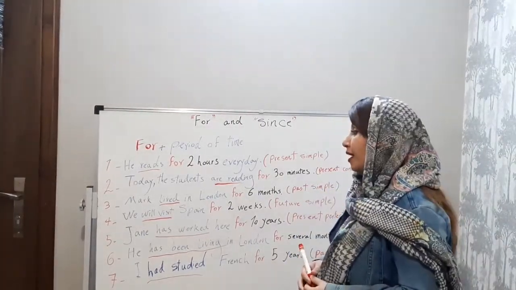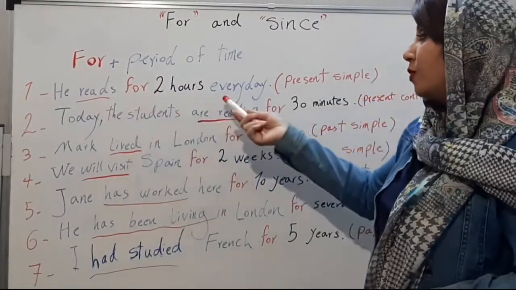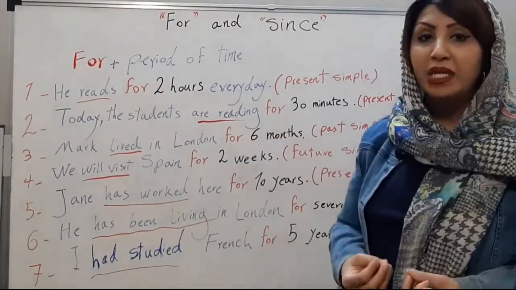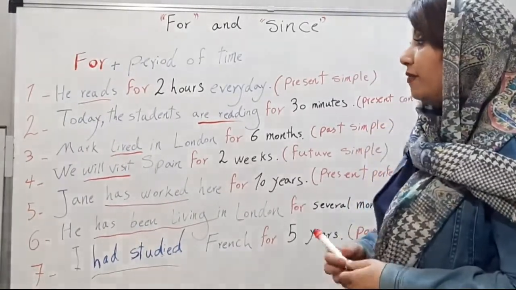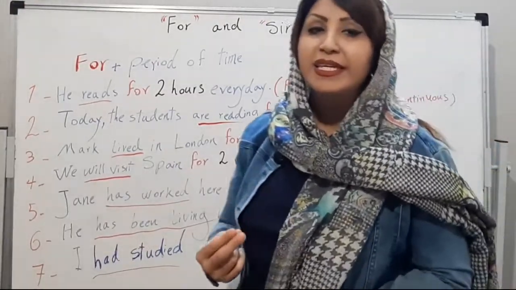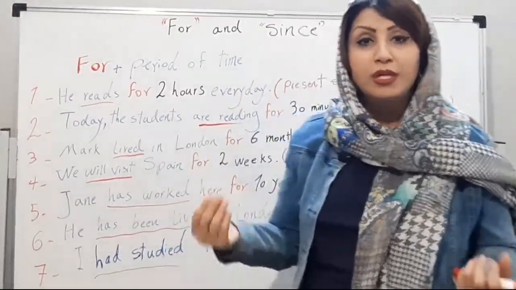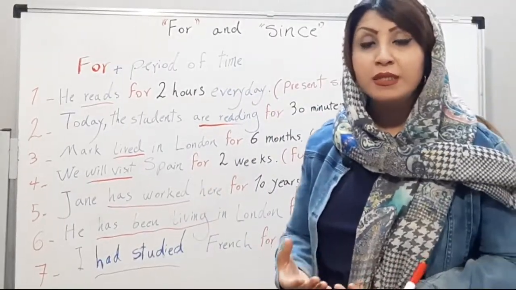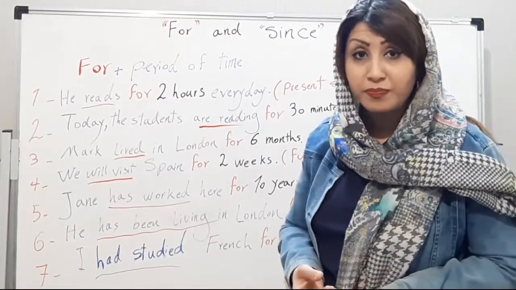Now the first example: he reads for 2 hours every day. Here we have "for 2 hours." It shows the duration, a period of time, 2 hours. We don't know when it starts.